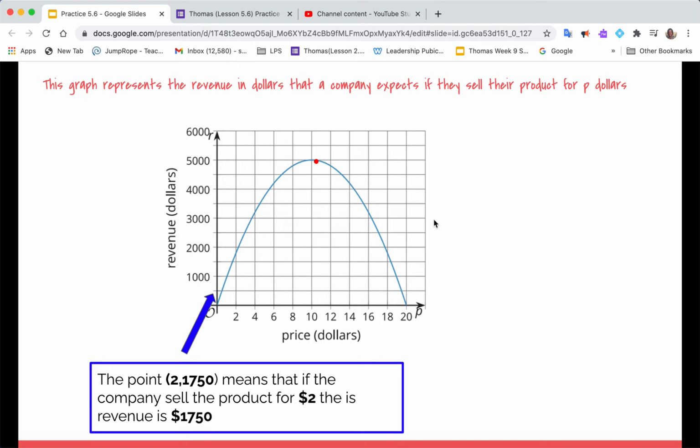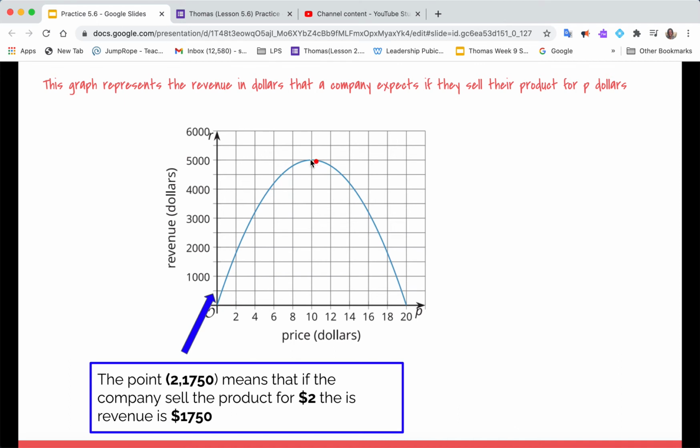The second question we were asked to respond to is at what price should the company sell their product if they wish to make as much revenue as possible, and how much will they make? And so when I think about as much revenue as possible, I'm thinking about what's the highest amount of money that they can make. And so looking at the features of our graph, the highest point on the graph occurs right at the top here.